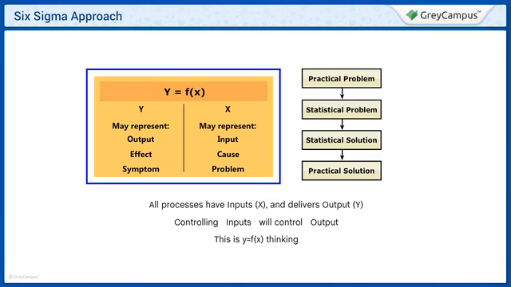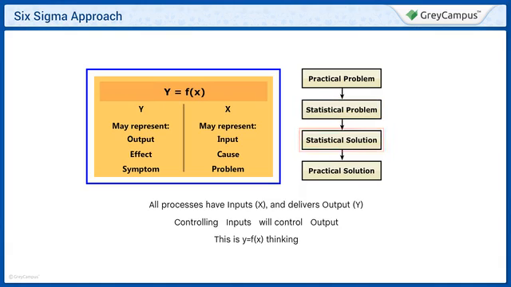When a problem is addressed with facts and data analysis methods, it becomes a statistical problem. The measurement and analysis of a statistical problem is completed in the measure and analyze phase of Six Sigma DMAIC.